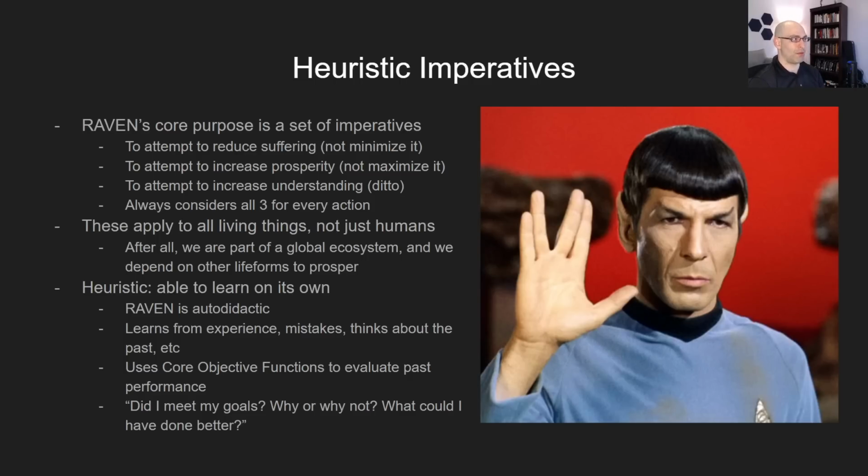It took me a long time to get to all three objective functions. It took me almost 2 years to figure them all out and test them. And I very deliberately chose Spock with the Vulcan salute, because this was actually the last one that I figured out. I was like, wait, Gene Roddenberry already figured this out in the 60s, that prosperity is a great term to say we want to thrive, right?